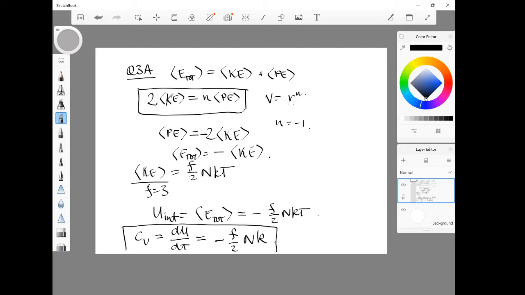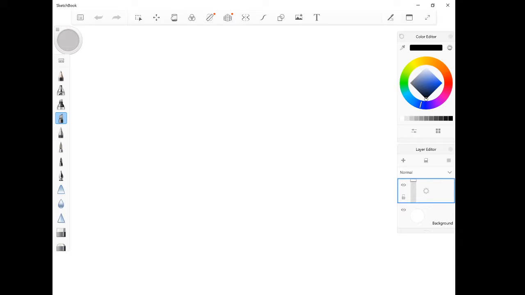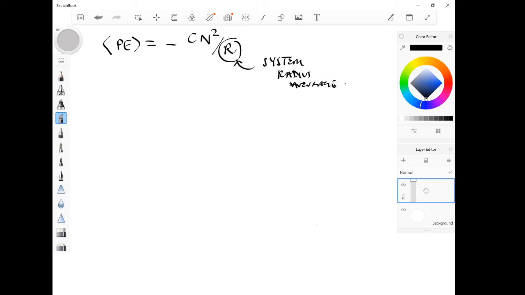And so for the second part, we use this equation that I had before, minus C n squared on R. So this is some sort of system average R. And the radius is proportional to V to the 1 on 3.